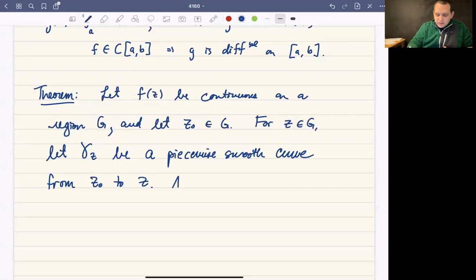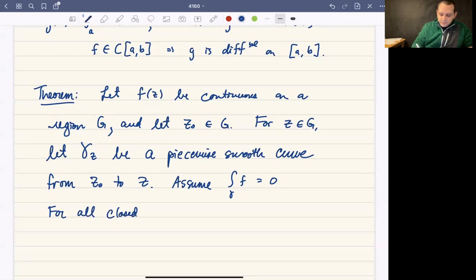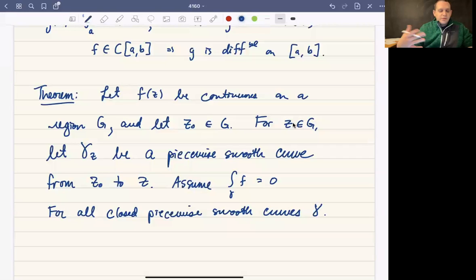And then also we're going to assume that f has the property that the integral of f over gamma is going to be 0 for all closed piecewise smooth curves gamma.